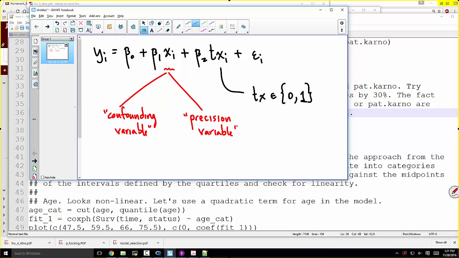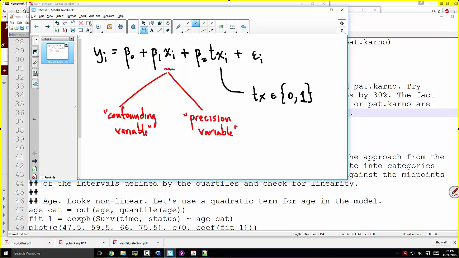But a precision variable, you may want to adjust for it because what it does do is increase the amount of variability that's being explained, which will result in decreased standard errors for the other coefficients, which is equivalent to increased power for the other coefficients.